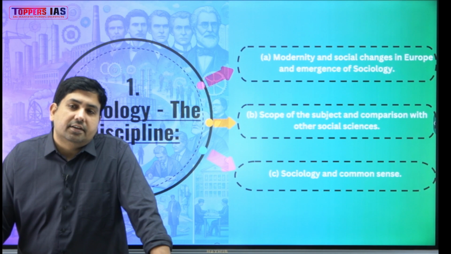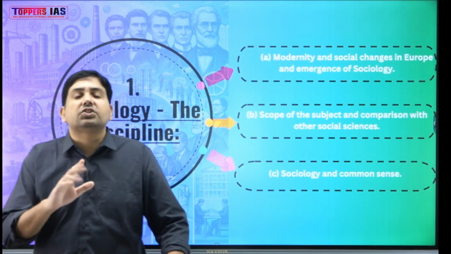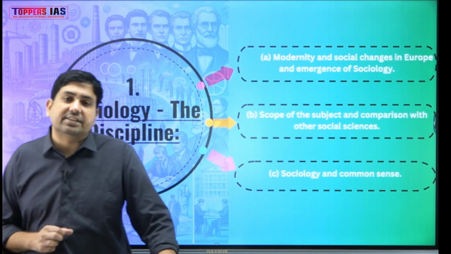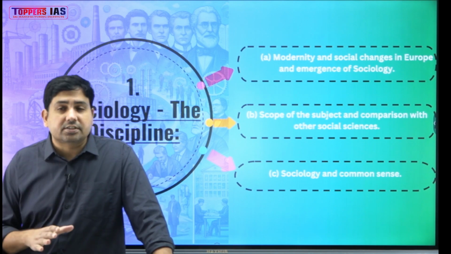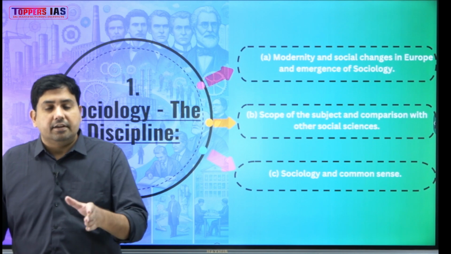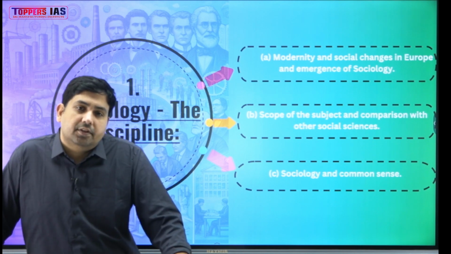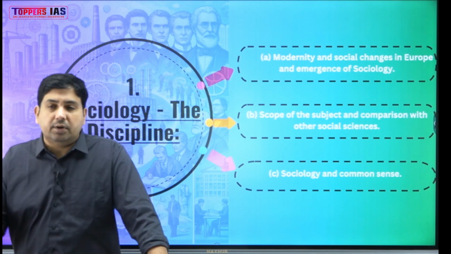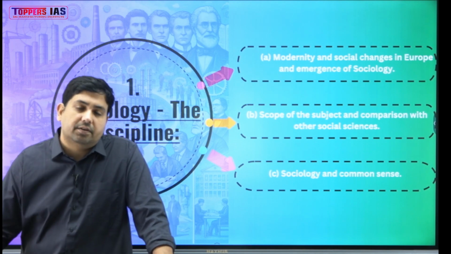Okay? Then of course there was the Industrial Revolution, late 18th and 19th century, and this was a massive economic and technological change. In European society factories emerged, particularly first in England and later on in other European countries.